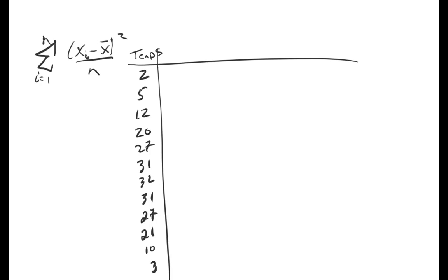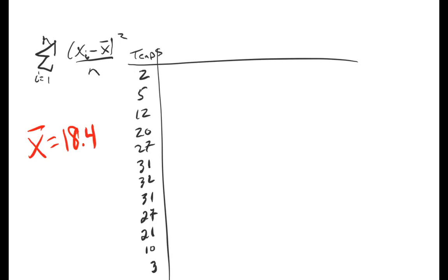You're probably going to want to have Desmos to help me with some of these computations. Now, we already found the mean, that's x bar. We'll just say that it's 18.4. We don't have to find it again. We could, if we needed to, add those up and divide by 12.